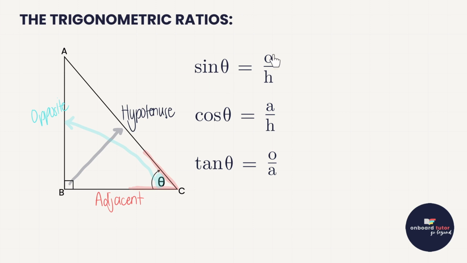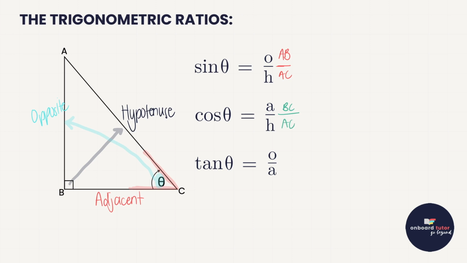Sine is always going to be the opposite side over the hypotenuse. So if we wanted to link it in this particular triangle, we said our opposite side was AB over the hypotenuse, which was AC. Cos is always going to be the adjacent side over the hypotenuse. So the adjacent side is BC and the hypotenuse is AC.